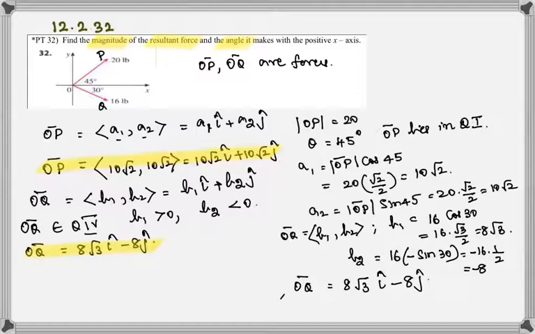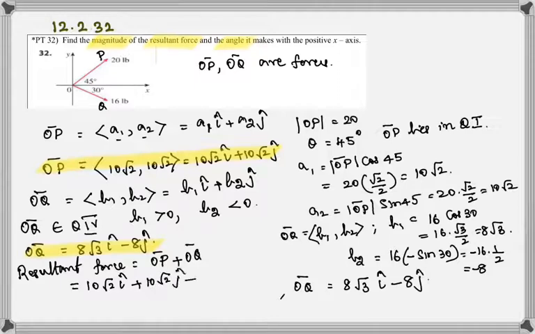Now we have to get the resultant force, which is the sum of these two vectors. So the resultant force is vector OP plus vector OQ. If I add the two, I get 10 radical 2 i plus 10 radical 2 j plus 8 radical 3 i minus 8 j.